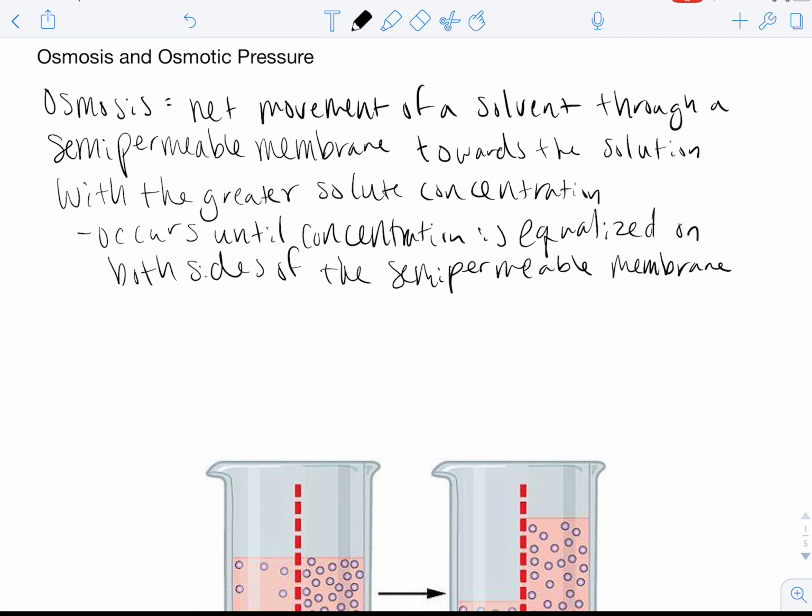Just as a note, if you don't know what a semi-permeable membrane is, it is a membrane that allows certain things through, semi-permeable.